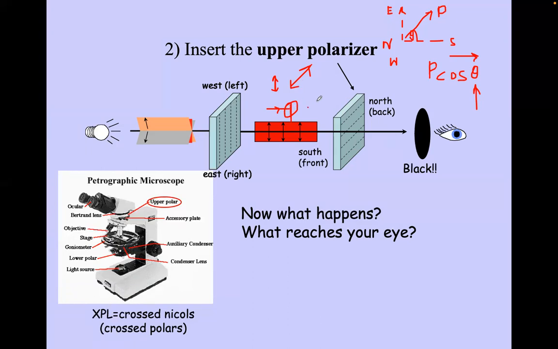In that case, the light will go slightly slanted after the mineral sample. It will not be east-west, but some other direction. Therefore, some light can pass through here, so that you will see some light instead of black.